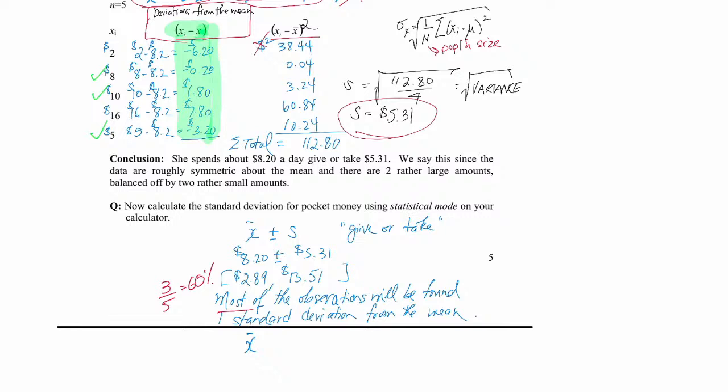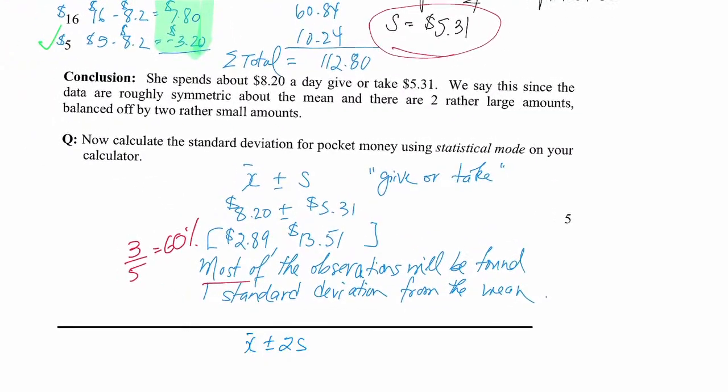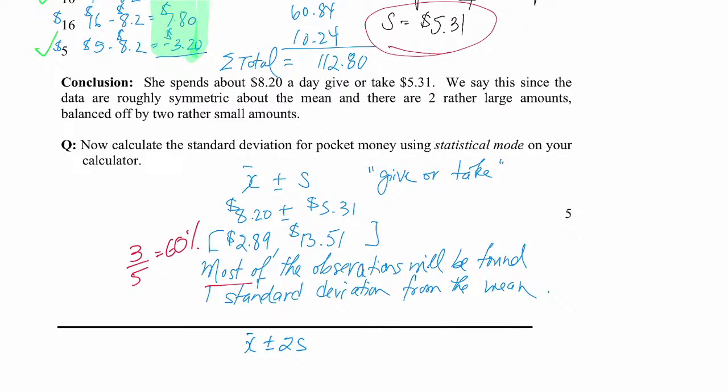Oh, it's okay. So let's do 2 standard deviations from the mean. So in 2 standard deviations from the mean, what do we find? Oh, I just cut the data. That's interesting. I didn't know I had the power to do that. Okay, so 2 standard deviations from the mean means I take $8.20 plus or minus 2 times $5.31.